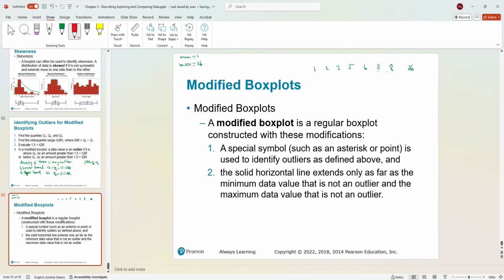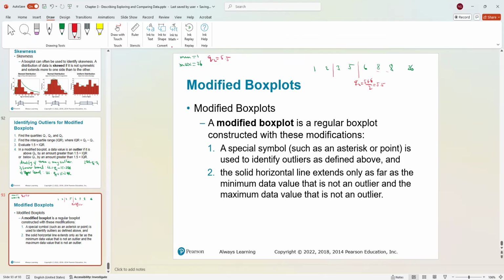If you split it, 1, 2, 3, 4, Q2 would be here. Q2 is 5 plus 6 divided by 2, which is 5.5.